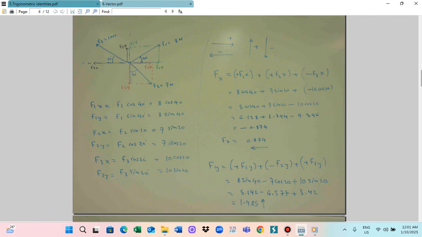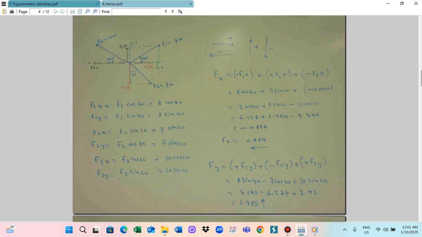So we got those. When you add them, you have to consider the direction: whether it goes to the right side or the left side, or upward or downward. Because of this, you take all right side as positive and left side as negative, and upward as positive and downward as negative.